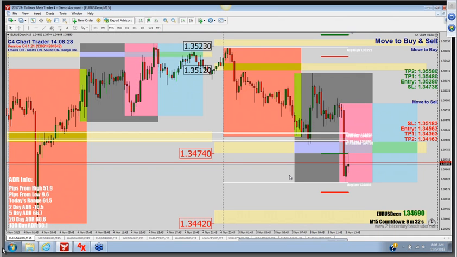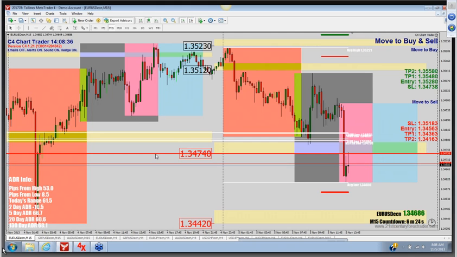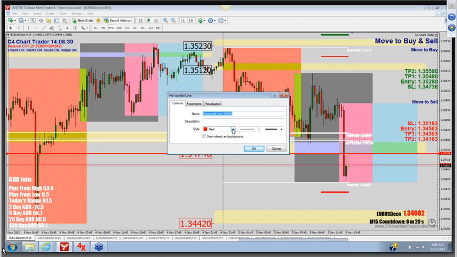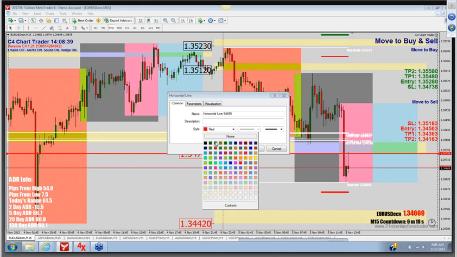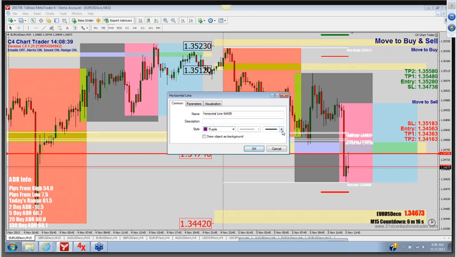And what we know here is we have a support resistance level here at 34.74, and we also have that shouldn't really be red, should it? I color-coded that red looking at a 3 of 3 channel yesterday.